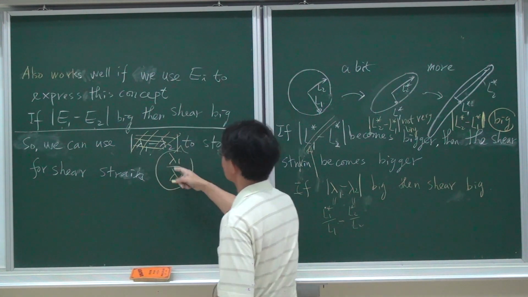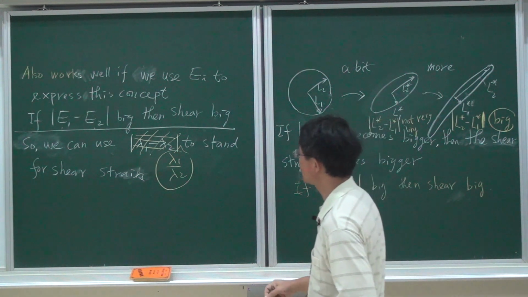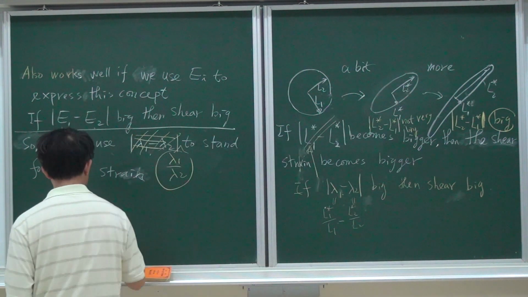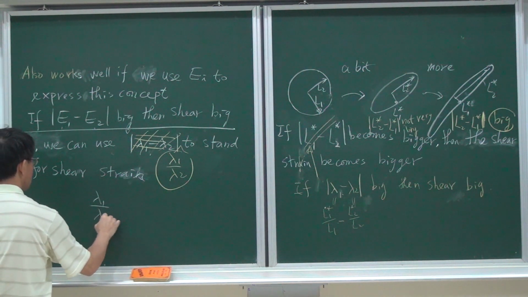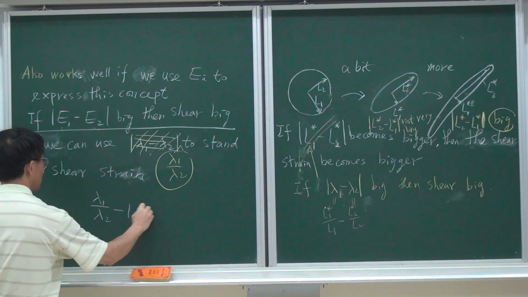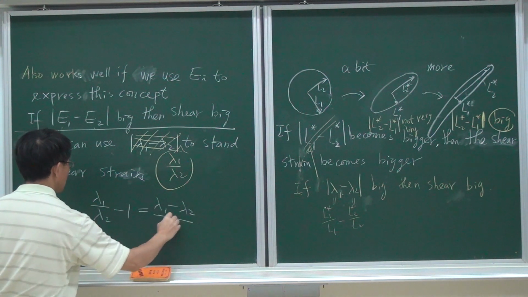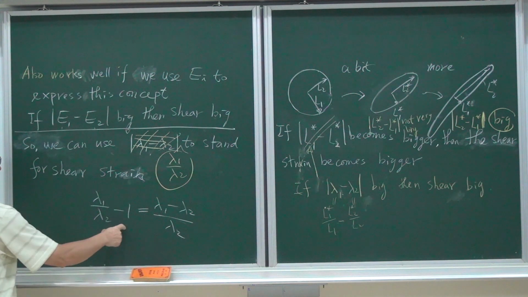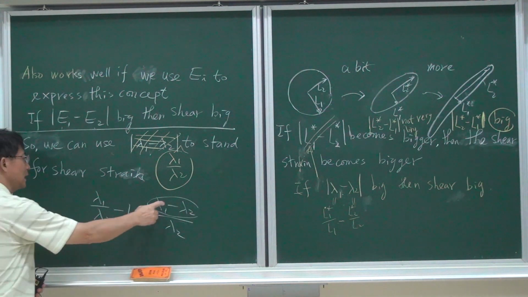We can use this ratio to represent the shear strain. Why? Because in this term we have this again. So this is the shear strain.